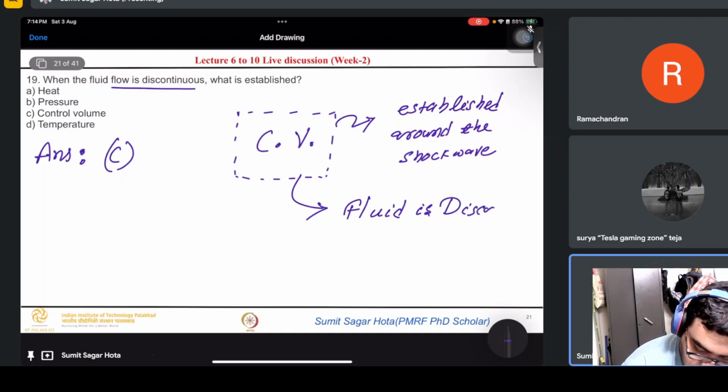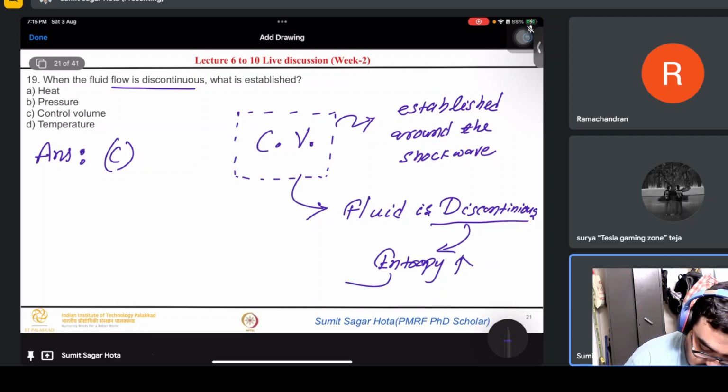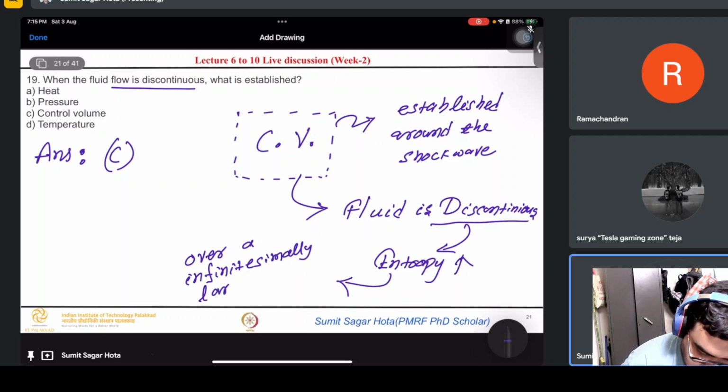But here, discontinuous means this discontinuity leads to an entropy increase over a large region. So if the fluid becomes discontinuous, it leads to an increase in entropy over a larger region, and that region is called the control volume.